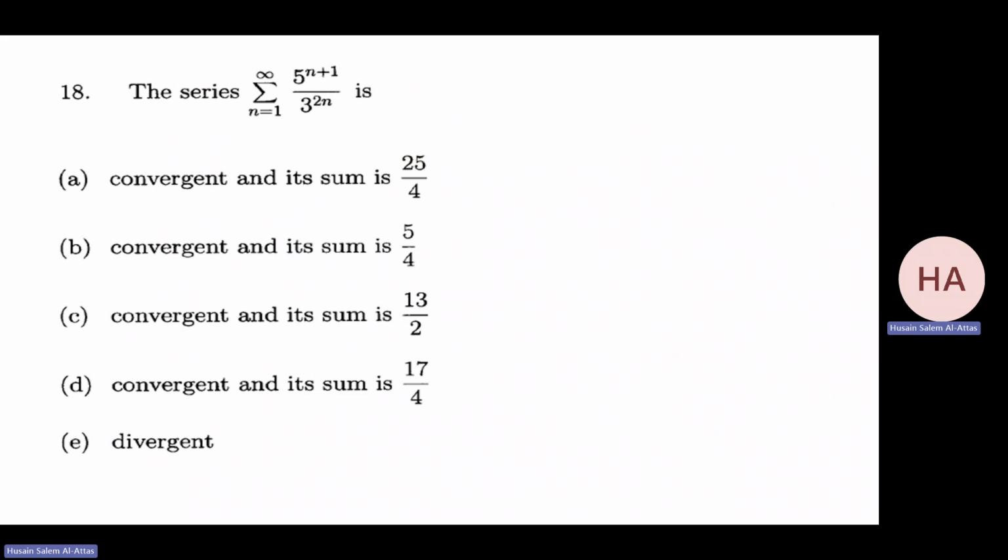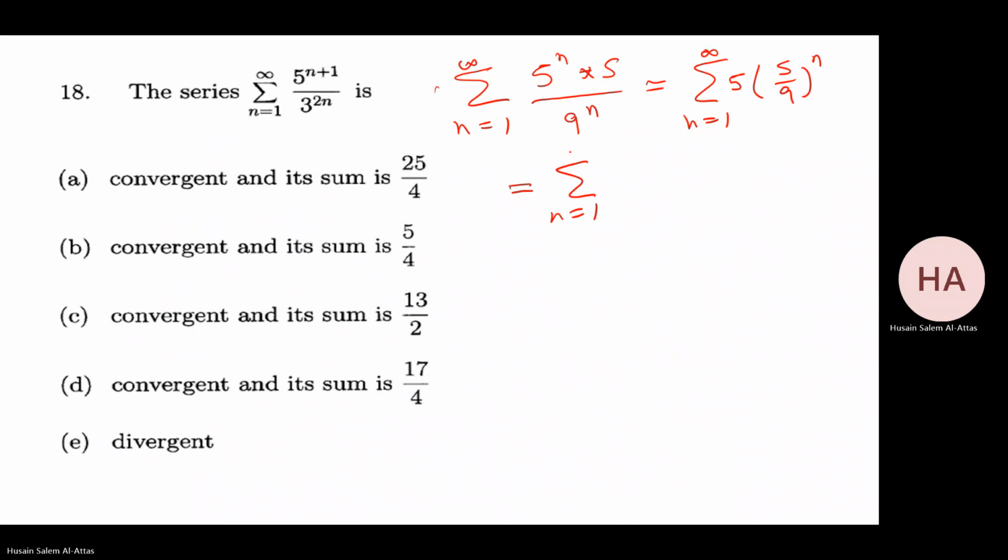This one, very clear, this is a geometric. So this one, I can rewrite it as summation n equals 1 to infinity. Be careful. 5 to the power n times 5 over 9 to the power n. So that will be summation n equals 1 to infinity of 5 times 5 over 9 to the power n. To make it in the format, I take 5 over 9 outside times 5 over 9 to the power n minus 1.